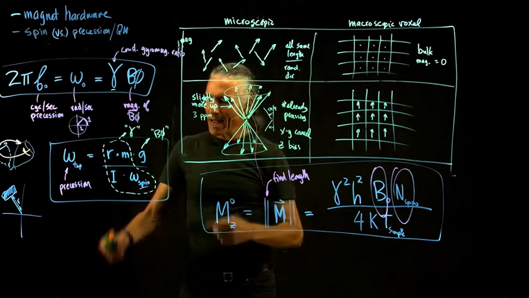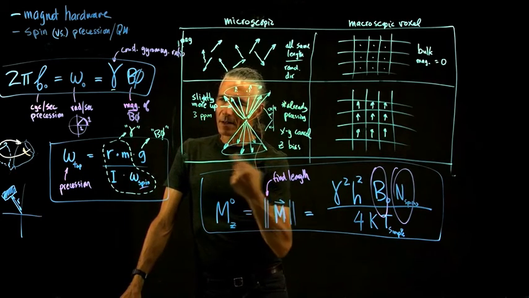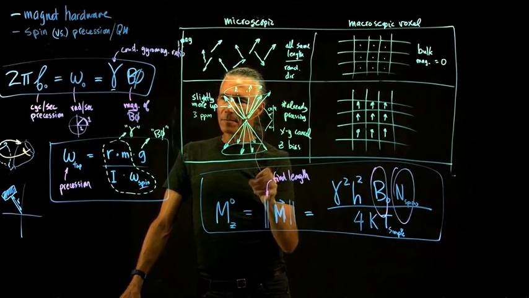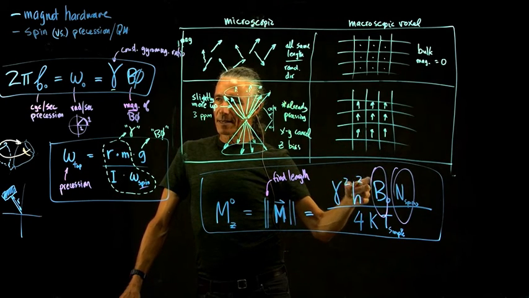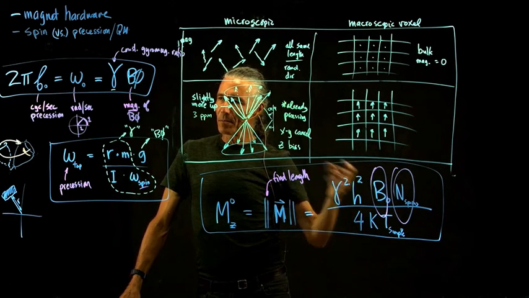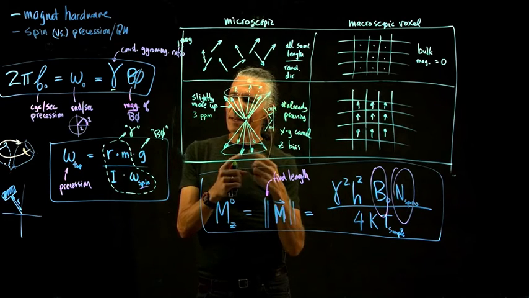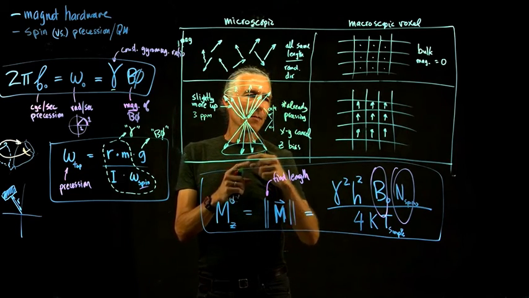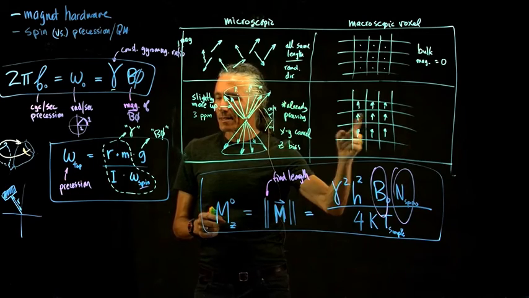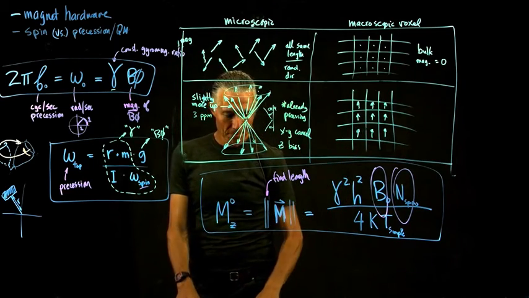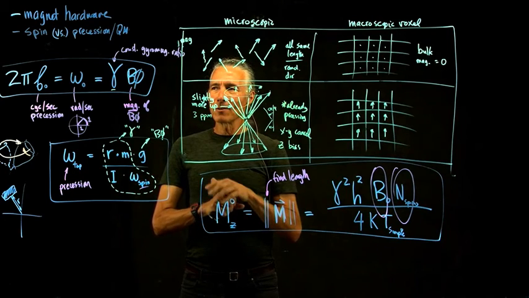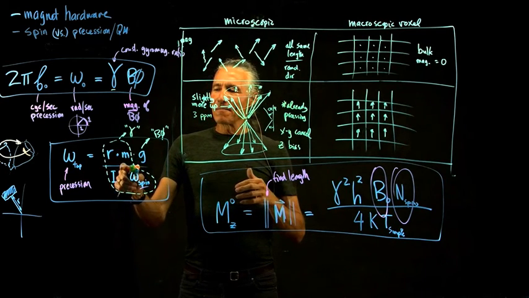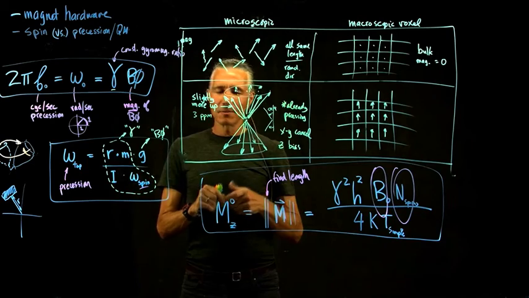Then we add a rotating perpendicular field, which causes them to bunch up, and that gives us a rotating signal that we can actually measure for a little while. But before long, they get out of phase with each other, and we go back to this condition. So that's just the basic, Bowdlerized introduction to where the signal comes from.